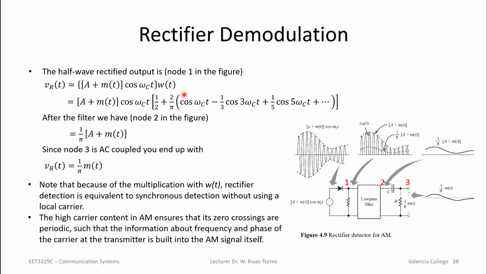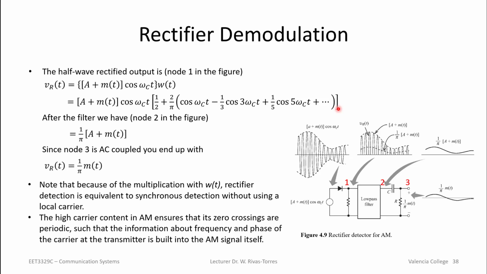You can do a series expansion of what w(t) looks like, or what your rectified waveform looks like. There's theory behind it, no need to get into that. But you end up with something that looks like this, very similar to one of those Fourier series that we were talking about.